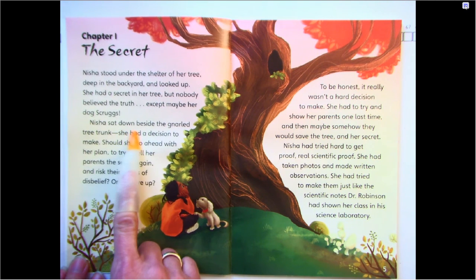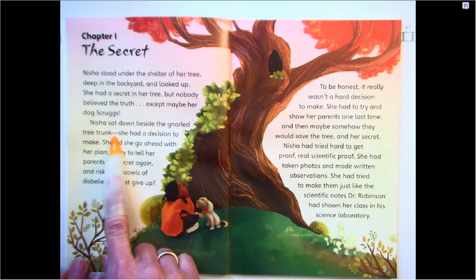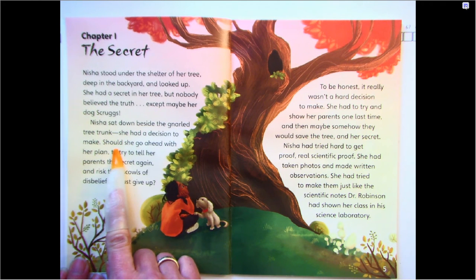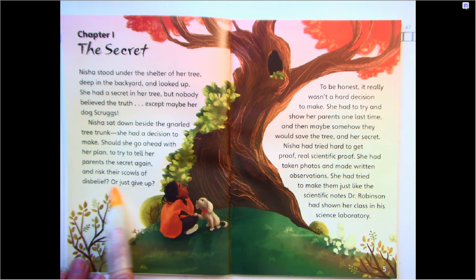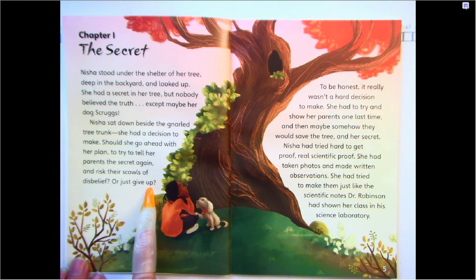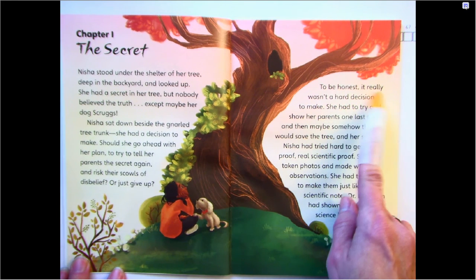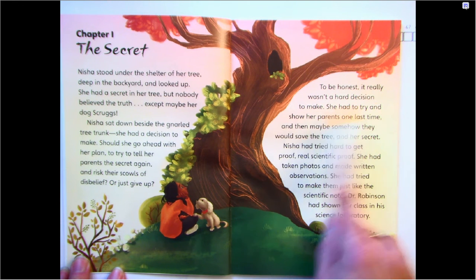Nisha sat down beside the gnarled tree trunk. She had a decision to make. Should she go ahead with her plan to try to tell her parents the secret again and risk their scowls of disbelief, or just give up? Think about what you would do. To be honest, it really wasn't a hard decision to make.